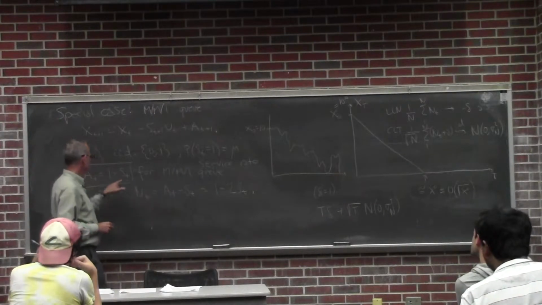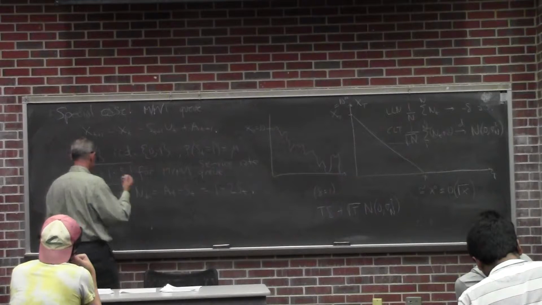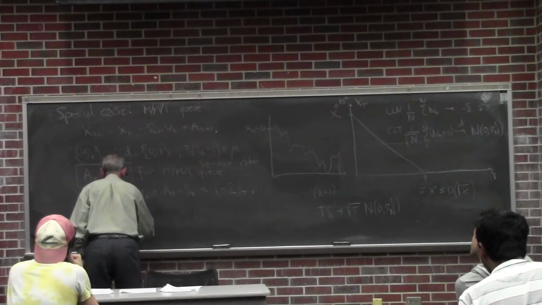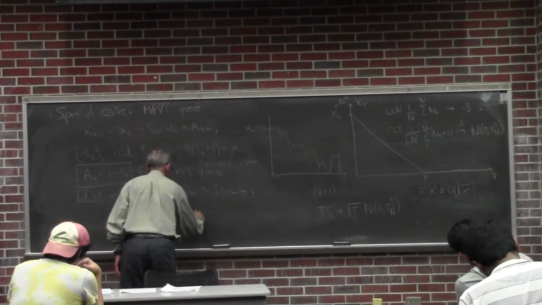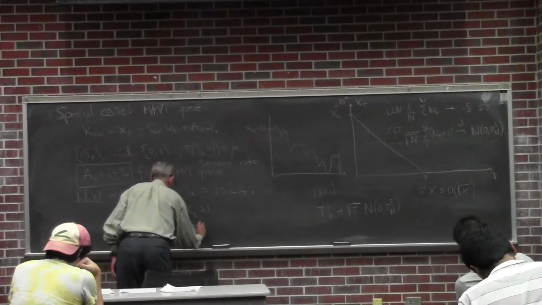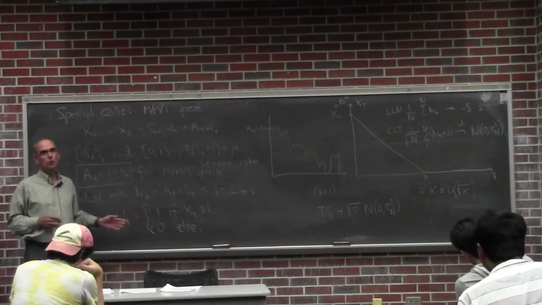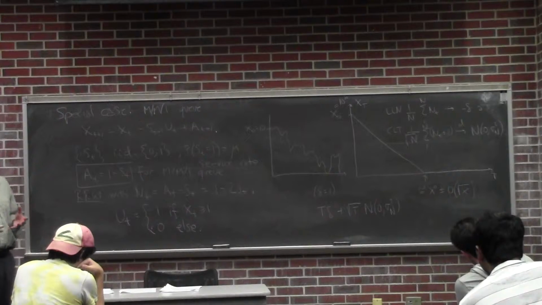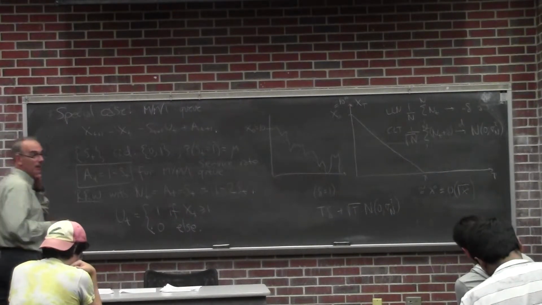I just replaced A by 1 minus S_t. And provided the input is what's called non-idling. So U is, am I working on the queue or not? Am I processing or not? This is called a non-idling policy.